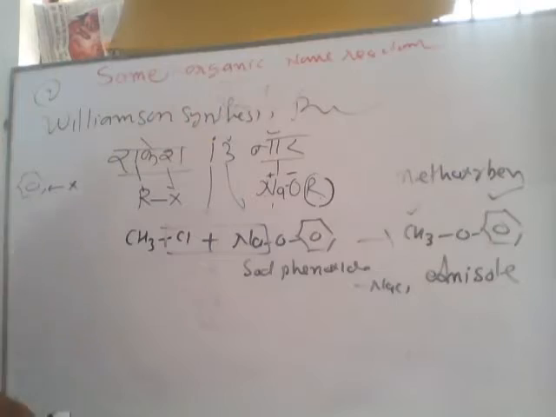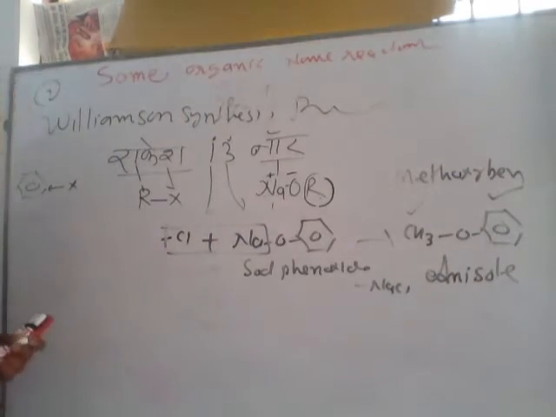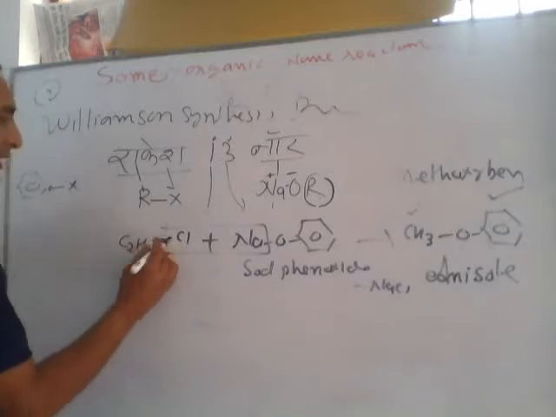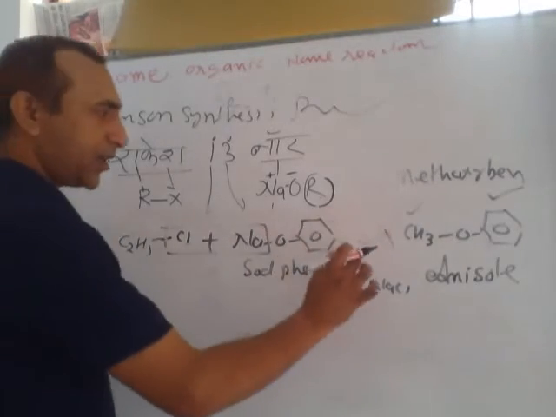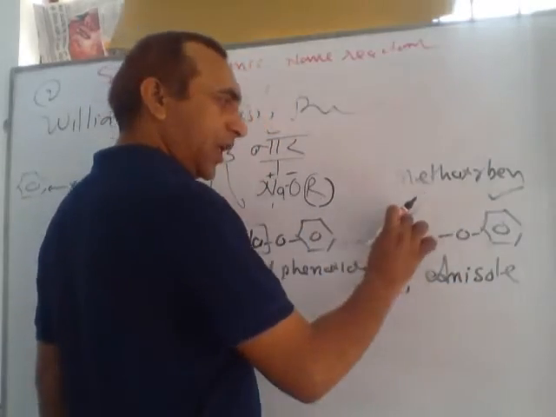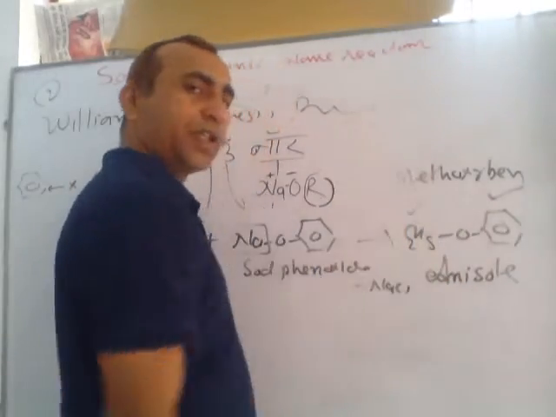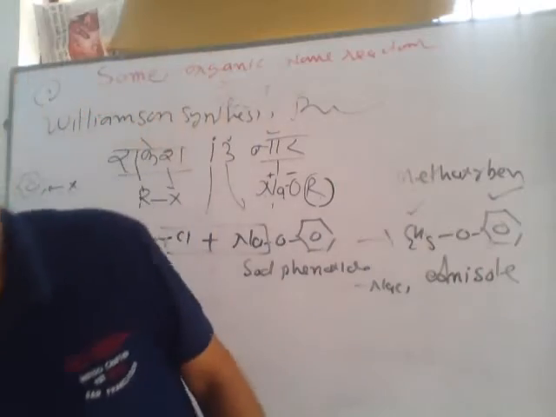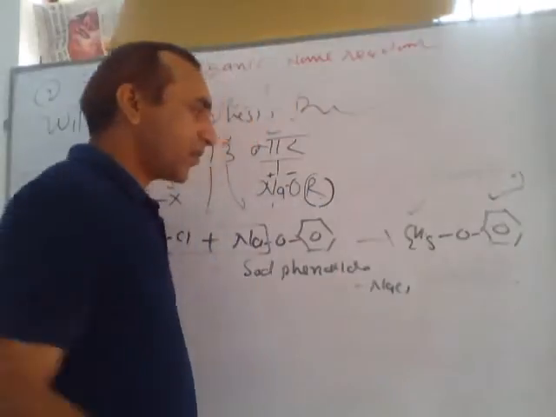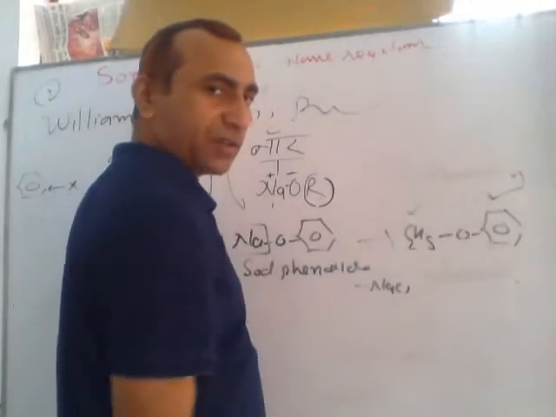If I am writing here C2H5Cl, this is chloroethane. After the reaction, it will form the compound C2H5 with oxygen and the ring, which is ethyl phenyl ether. In IUPAC we can say it is ethoxybenzene.